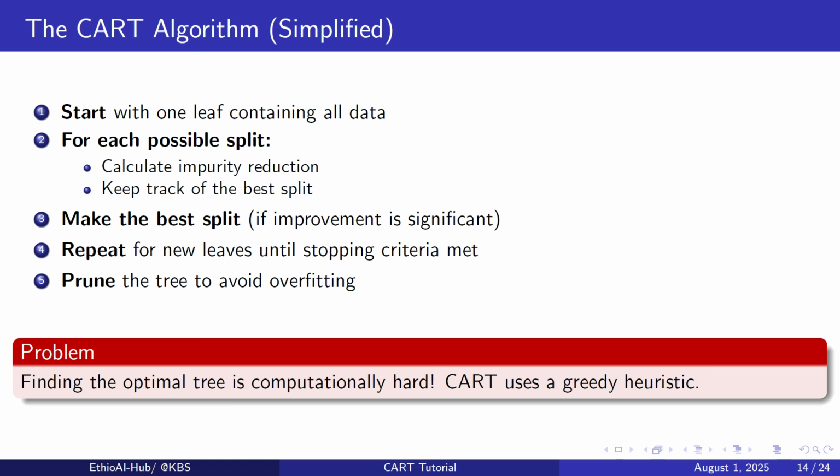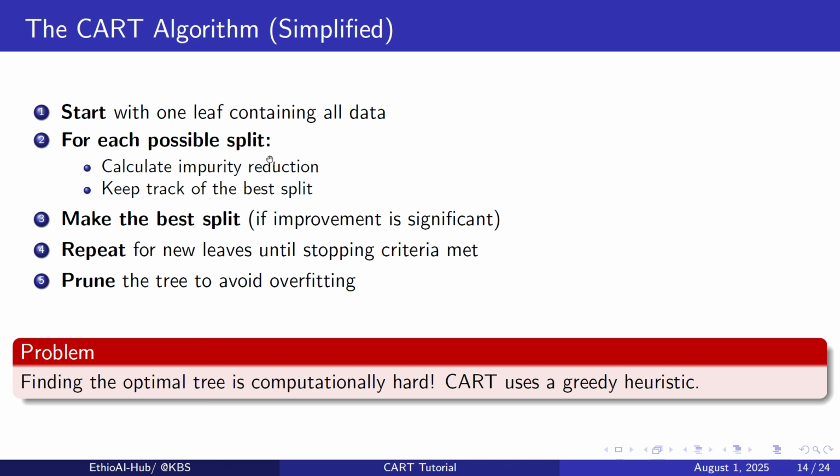That's what greedy means. So make the best split if the improvement is significant, and keep doing the split until the end. The end means there is no one else in the final group, just a specific pure group, until some stopping criteria.